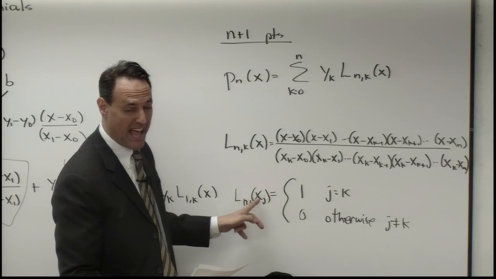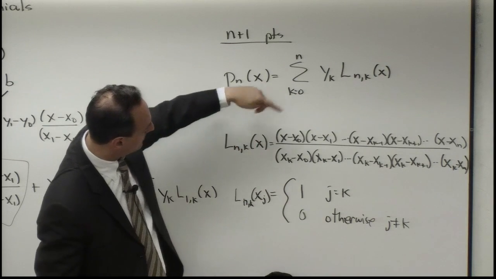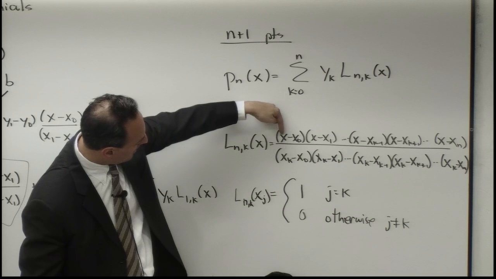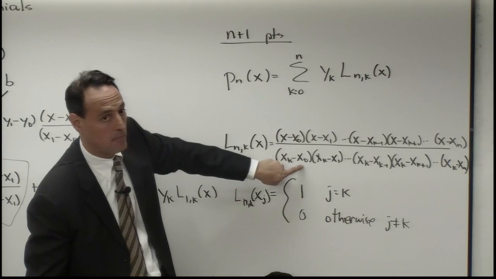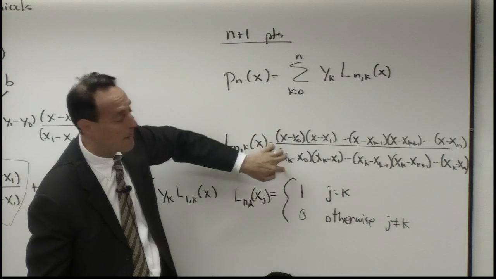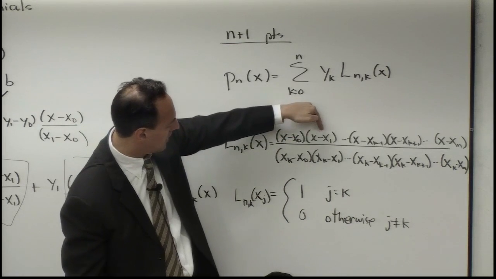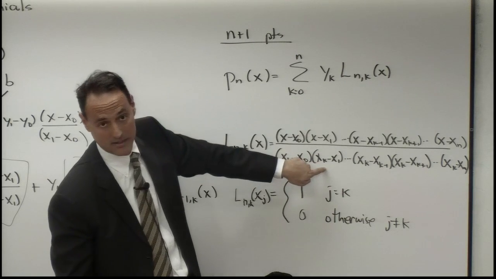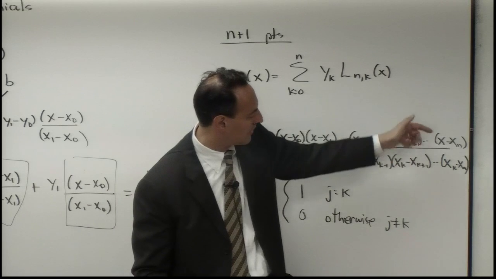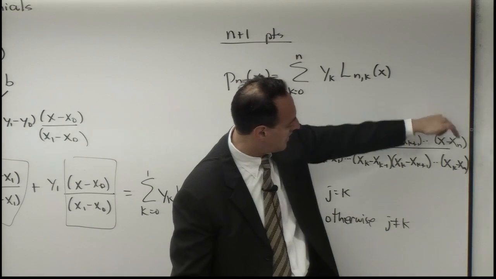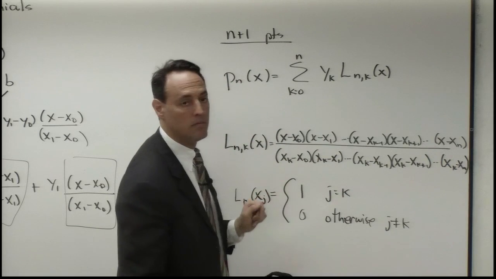So when the x is x of k, what do I have on top? I get on top x of k minus x naught. But wait, I have one on the bottom. The one on the top and the one on the bottom cancel. Gives me 1. And then I have x of k minus x of 1. Wait, I've got an x of k minus x1 on the bottom. Cancel. In fact, they all cancel, all the way down to here, where I get x of k minus x of n. I have x of k minus x of n on the bottom. This is 1.